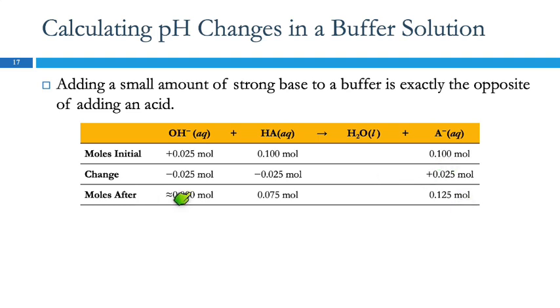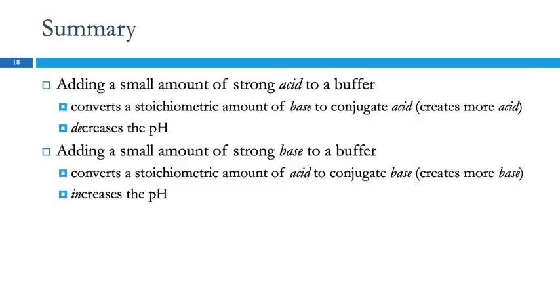And this approximately 0 is kind of back to what the quote was, right? You can't actually have 0 concentration. So, summary: if you add a small amount of strong acid to the buffer, it's going to convert a stoichiometric amount of the base to the conjugate acid.